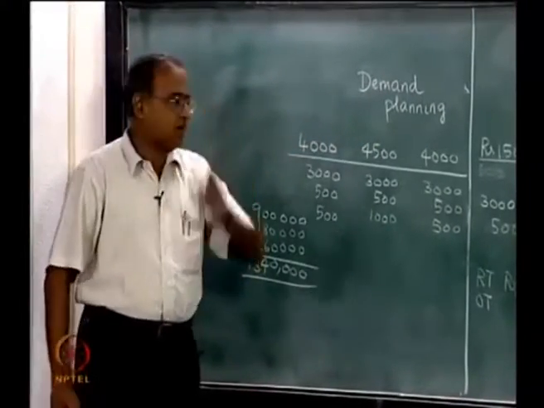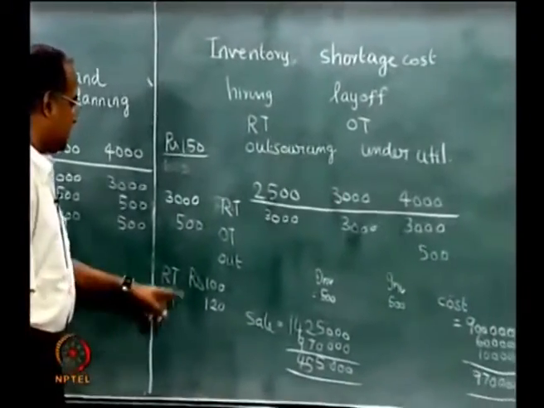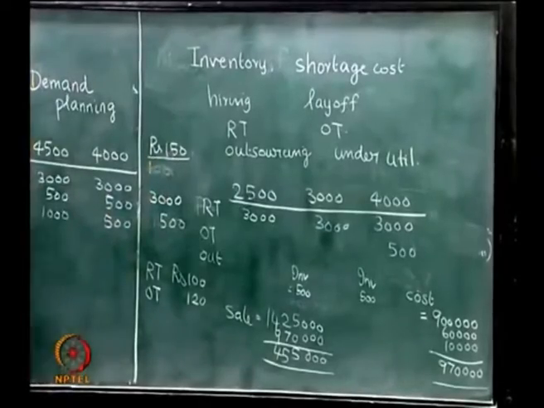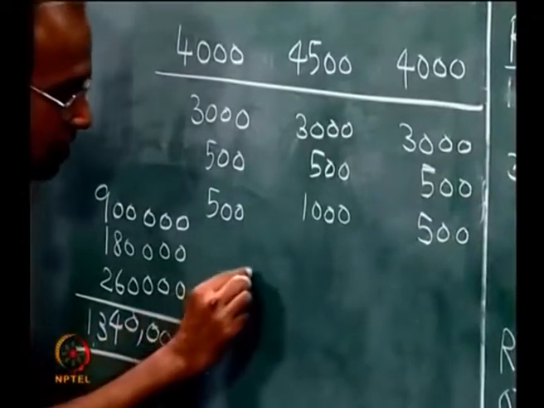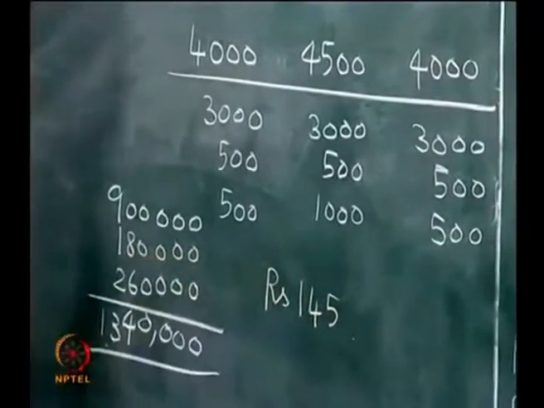Now, we have to look at the profit. Now, when we worked out the profit, here we said that the price is 150. Let us say we give a discount and the price becomes rupees 145.